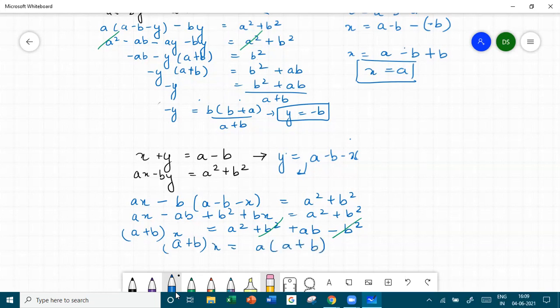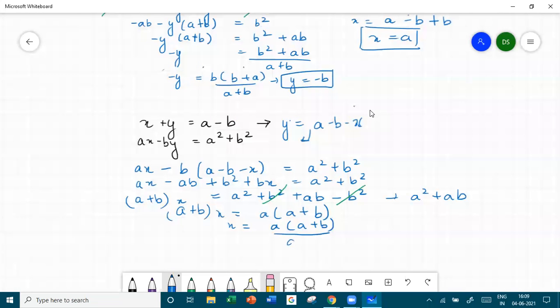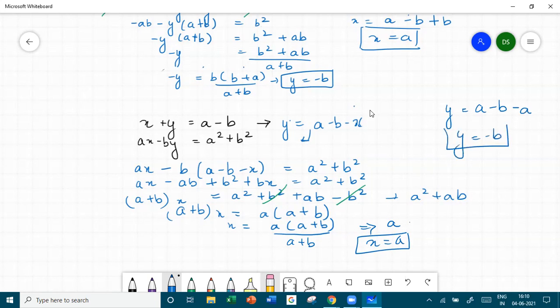This from here I got a square plus ab, right? That I've written like this. So I'll get x as a plus b divided by a plus b, which is nothing but a. So x is a, and I substitute that in y, which will give me y is equal to a minus b minus a, so y is equal to minus b, right?